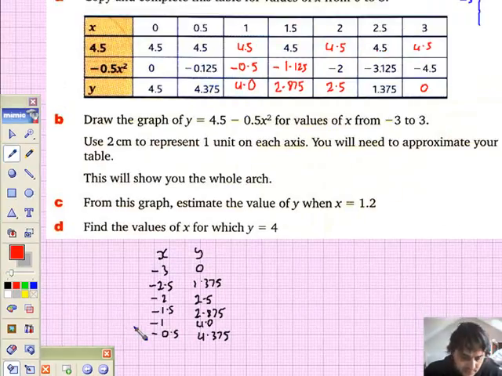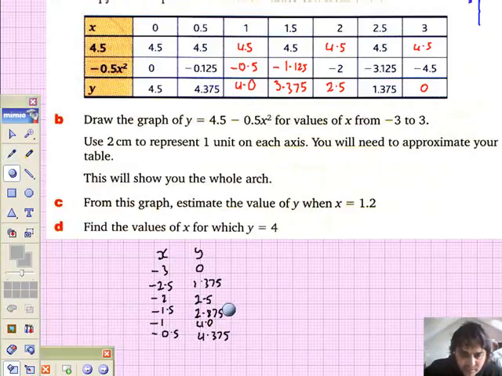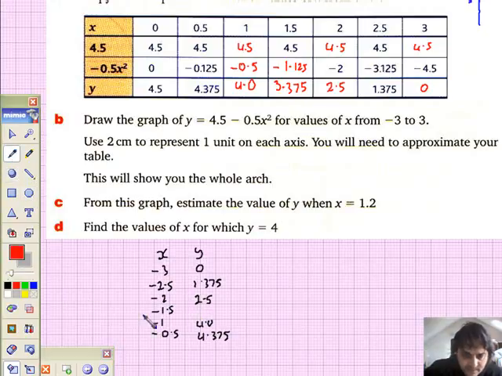Do it again. Oh, it's wrong. That should be 3.375. Let's just get rid of this. It's wrong, isn't it? Don't know what I did wrong originally. So it's 3.375. Right, so that one's also going to be 3.375 in black.